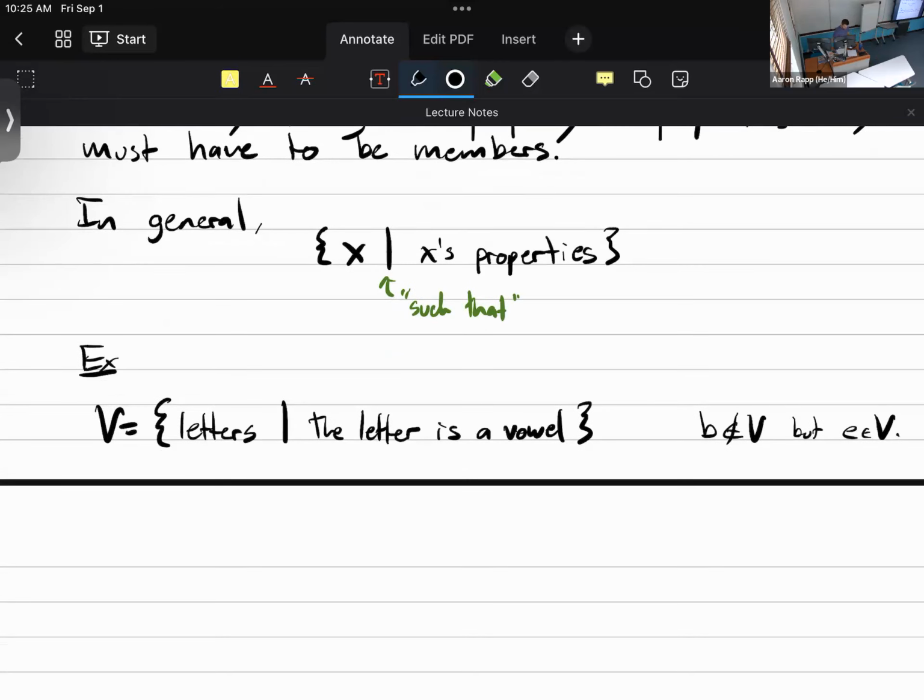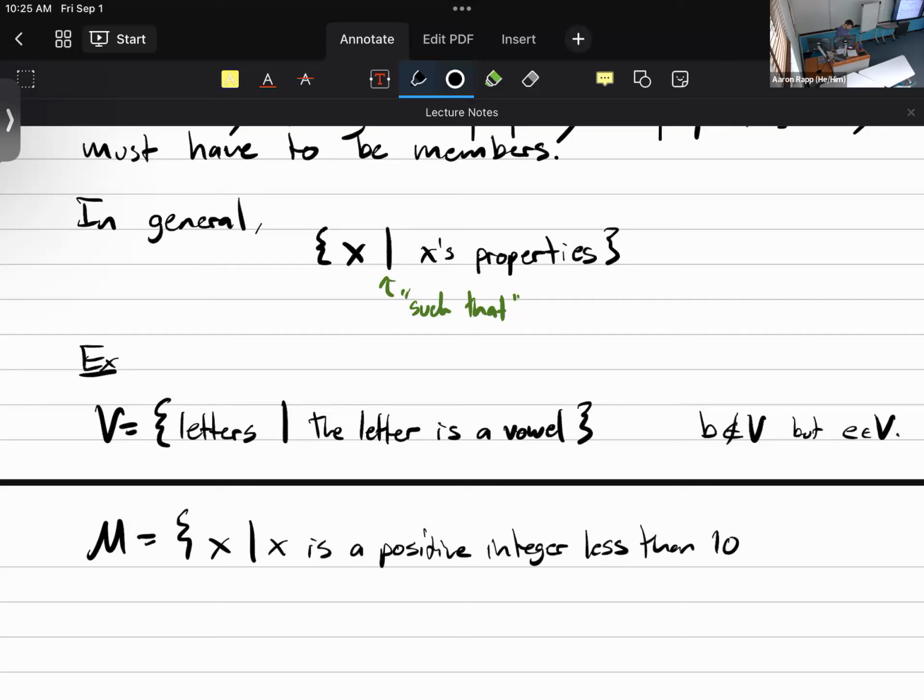We could do something like this, set M. It's a little obvious, right? But what's in this set?